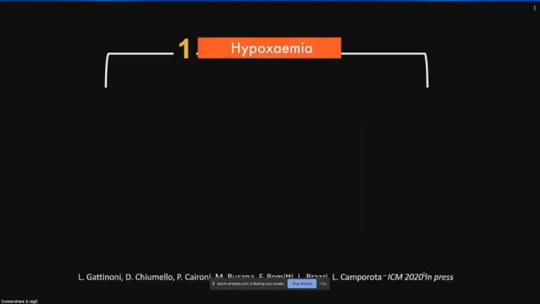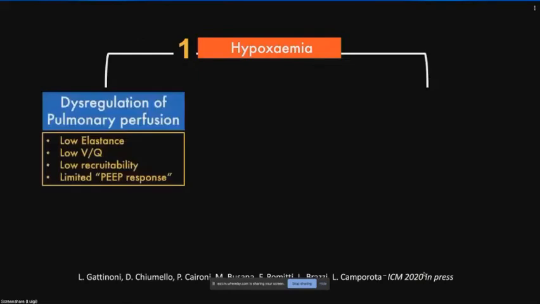So the way we conceptualize the hypoxemia is the dysregulation of pulmonary perfusion first, which, when associated with the mechanical characteristics of these patients and the radiological appearance, shows a pattern that links the hypoxemia with a low elastance, so high compliance, a low VQ matching, a low recruitability, and therefore a limited response to PEEP.